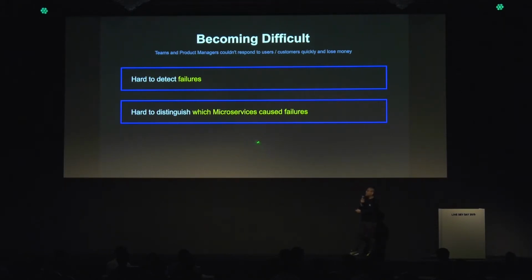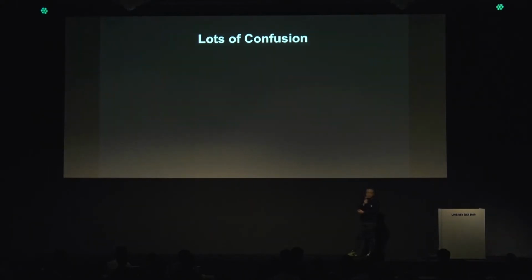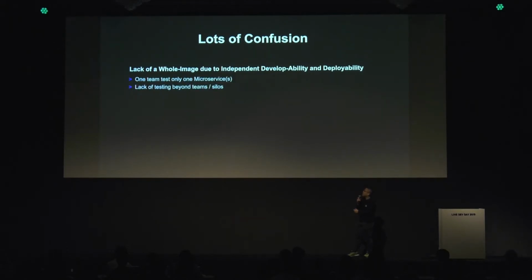So root cause analysis is becoming increasingly difficult in microservices. And on top of that, in our company, three confusions are happening due to microservices, which are still ongoing. And I'll go one by one.